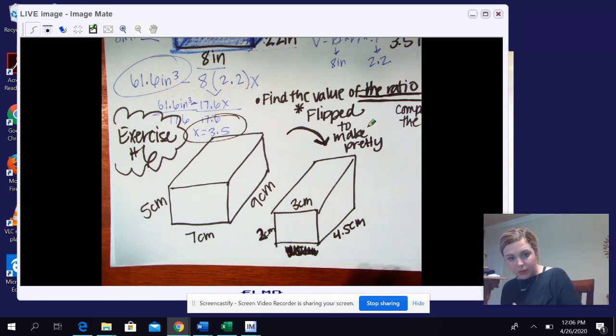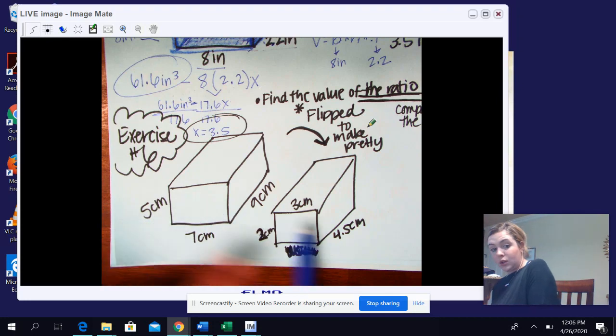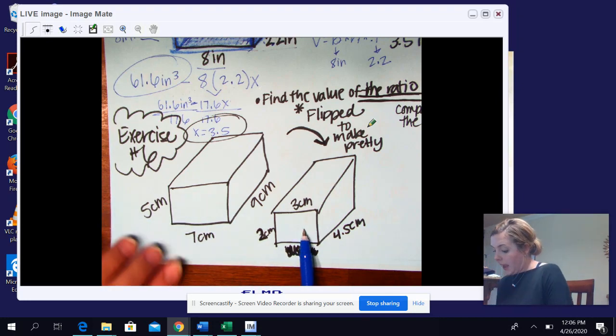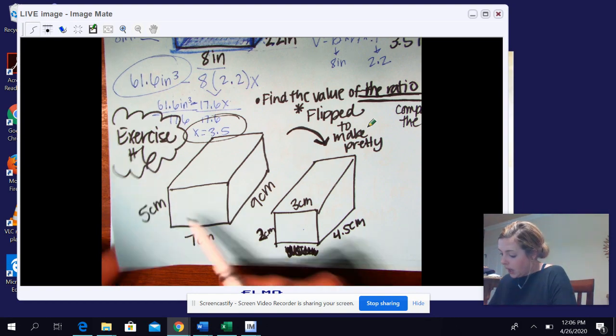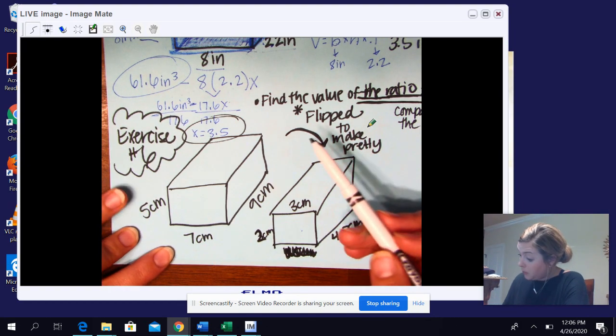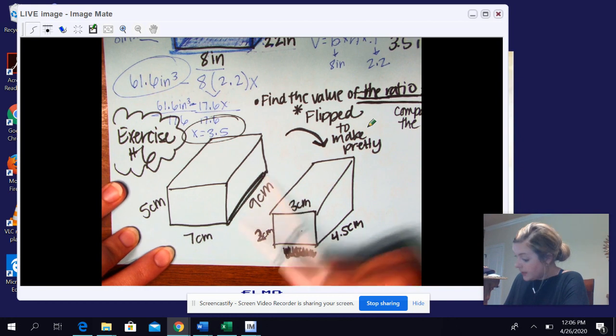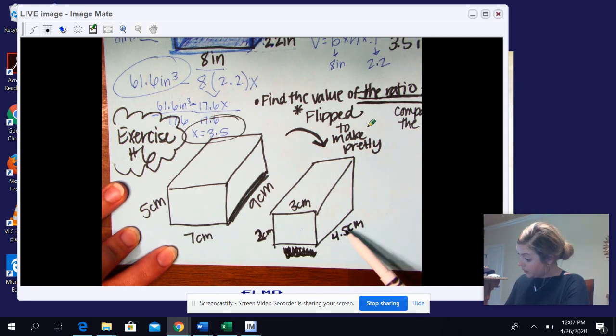I flipped that second one because this is asking very simply for a ratio of the bigger one to the smaller one. And I wanted to do that because I wanted to compare sides. So basically I can see on this prism that 9 centimeters is the biggest side, and I can see on this prism that 4.5 is the bigger side.